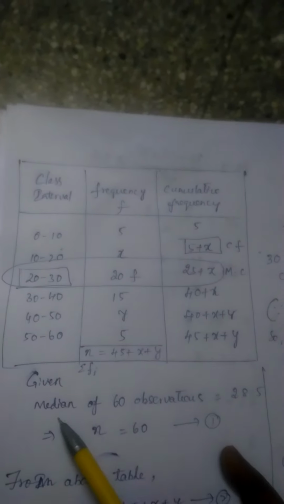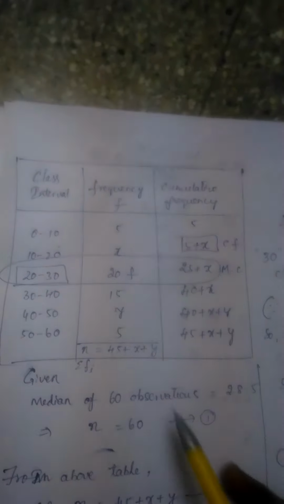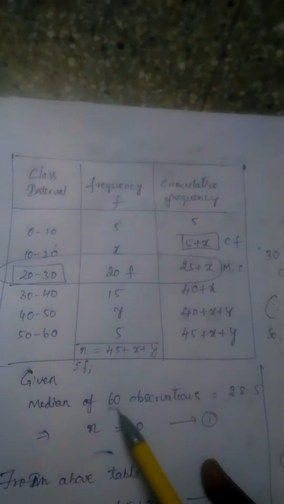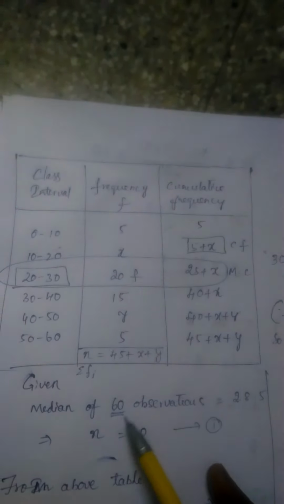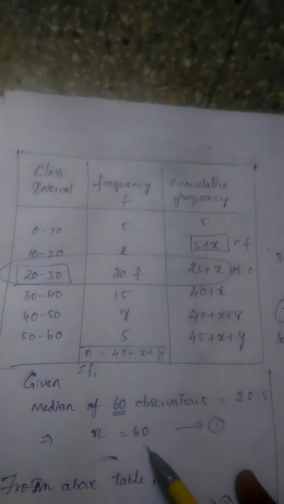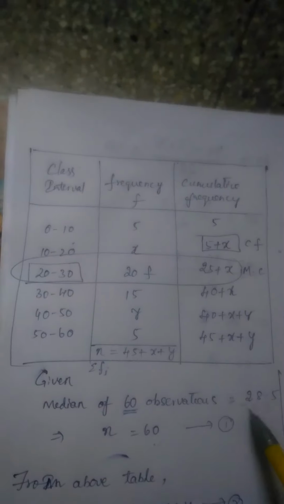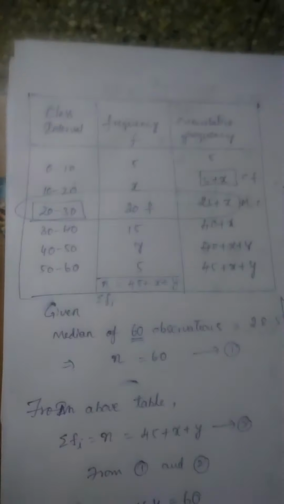Given information is the median of 60 observations is 28.5. That means the total number of observations is n equal to 60. So the median 28.5 is given and n equal to 60.